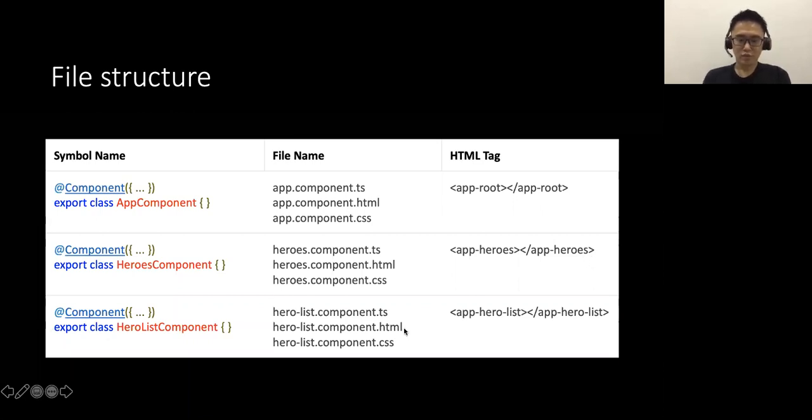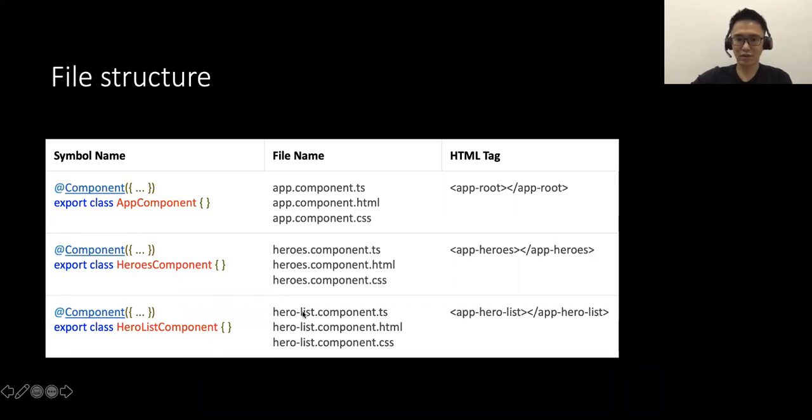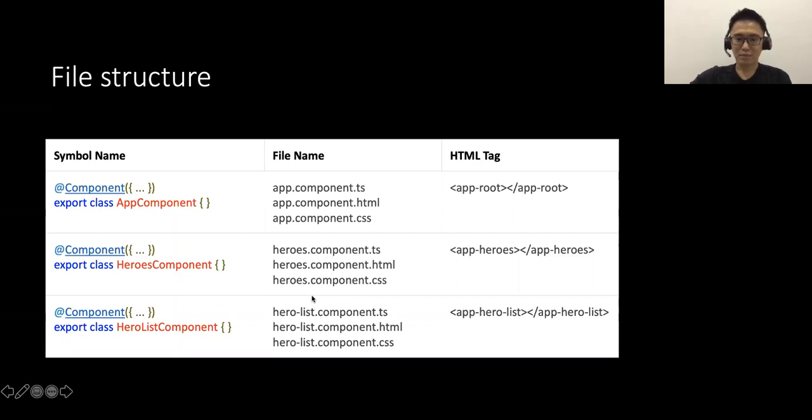If you put two words together, Angular is smart enough to detect there are two words, and I believe there are some tools used to detect the component name. Once they detect the component name consists of two words, they will split the words using a dash. Don't be surprised if you see a dash in your file name, because Angular purposely puts it there so that it is more readable.